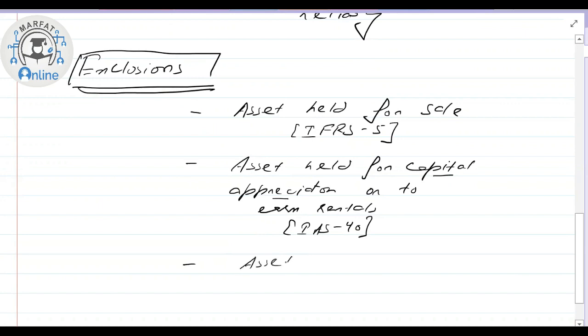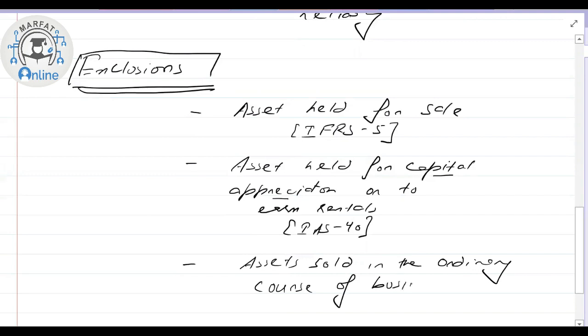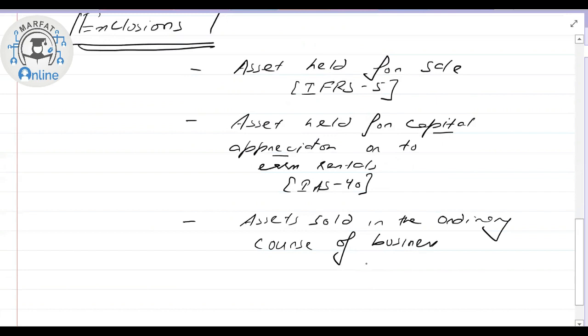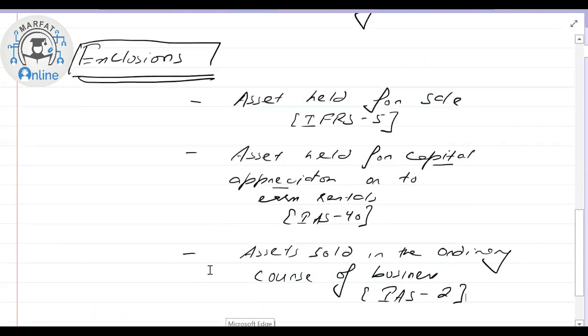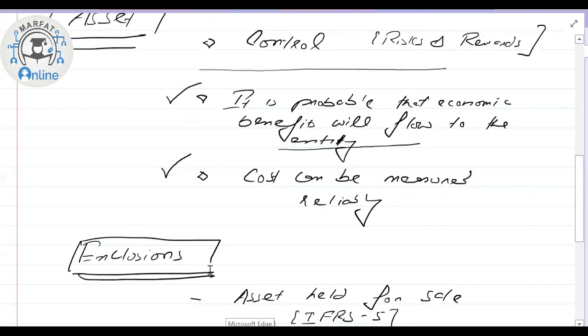Similarly, assets sold in the ordinary course of business. Assets that you are selling as part of the business are your inventory, not PPE. They should be recorded under IAS-2. So these are the exclusions: these assets should not be recorded under IAS-16.